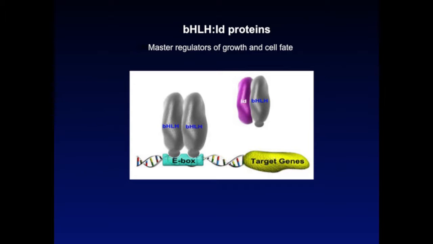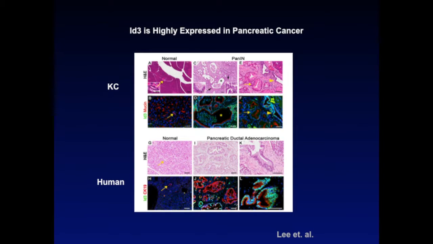We and others found years ago that ID3 is particularly highly expressed in human PDA as well as in the PanIN lesions in the KC mouse.